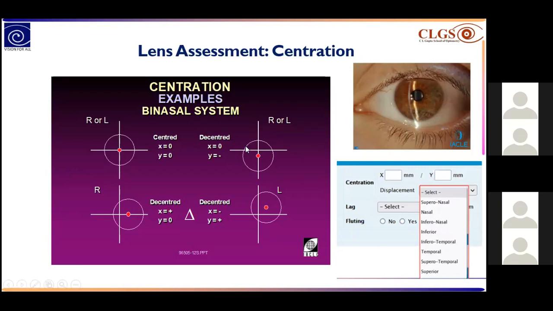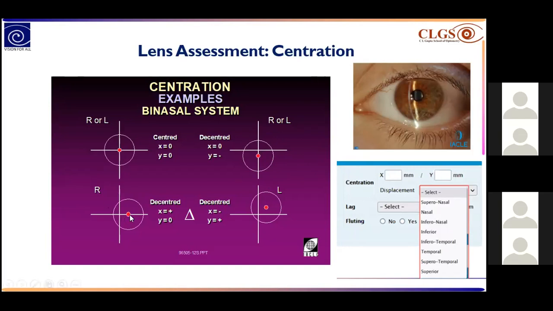In the x-axis you have to give 0, because in the x-axis there is no decentration. Here the lens has decentered inferiorly in the y-axis, which means for inferior we have to give a minus sign along with how much the lens has decentered. Suppose 0.2 mm decentration is here, then we have to give minus 0.2 mm decentration. By looking at that sign, we will have an idea in which direction the lens has decentered.